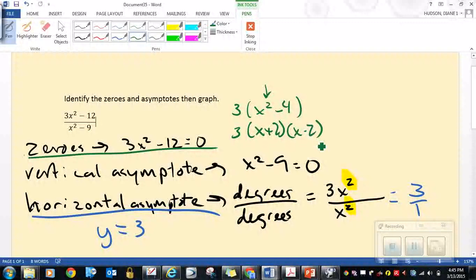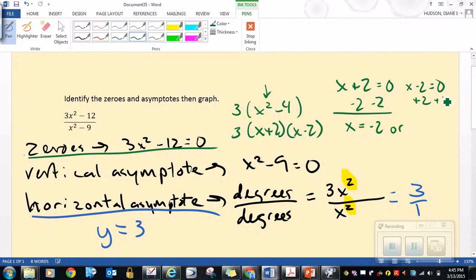So that I have zeros: x plus 2 equals 0, or x minus 2 equals 0. So x can equal negative 2, or x can equal positive 2, and that will give me my zeros.